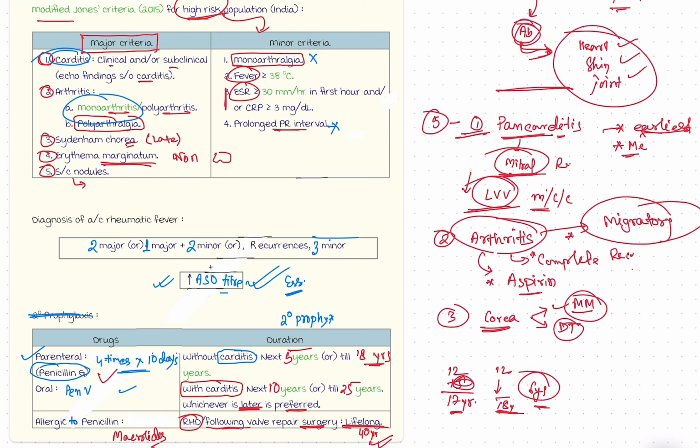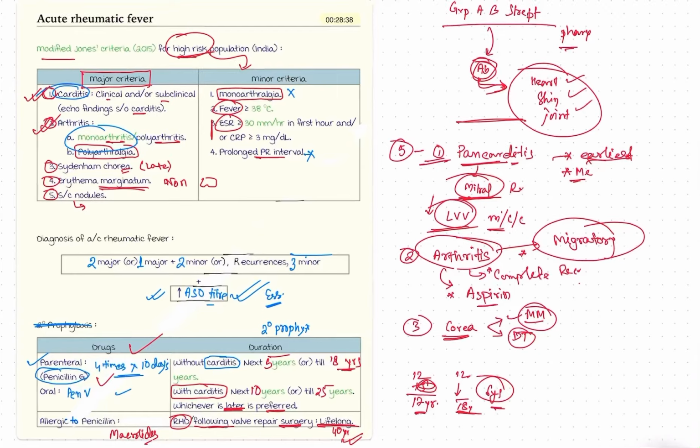Understood? Now this is the treatment, but for carditis we can start the patient on prednisolone, the steroids. For arthritis, as I told you, they have a great response to aspirin, so we can start the patient on aspirin also. So this is acute rheumatic fever.